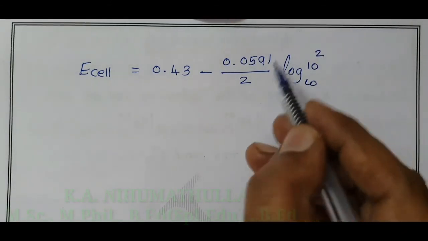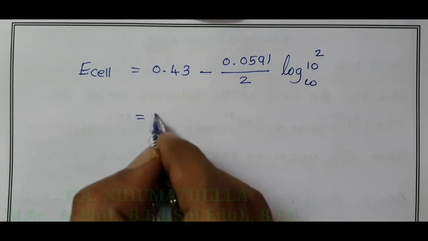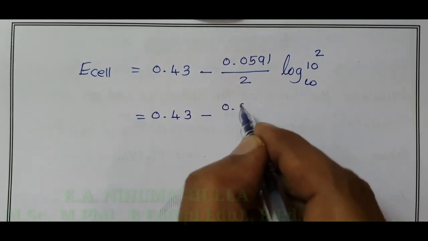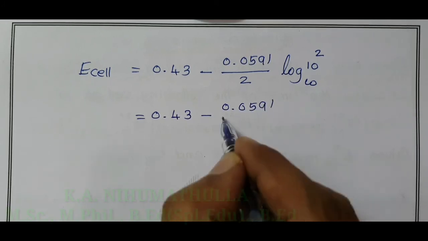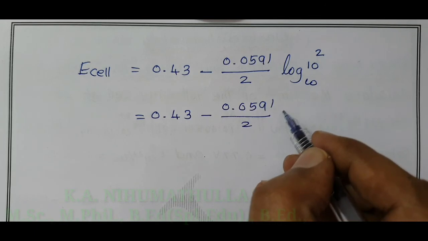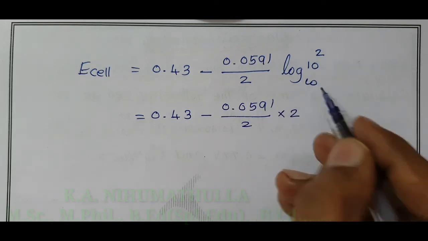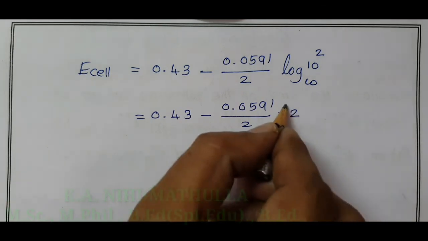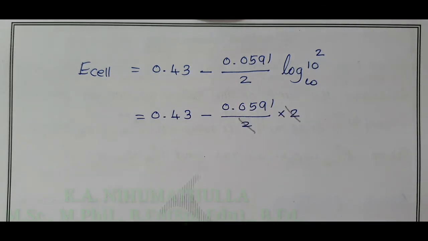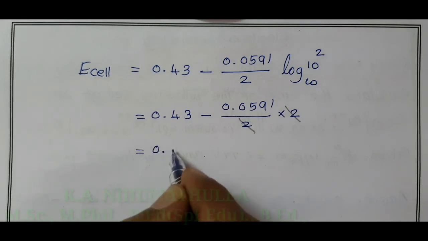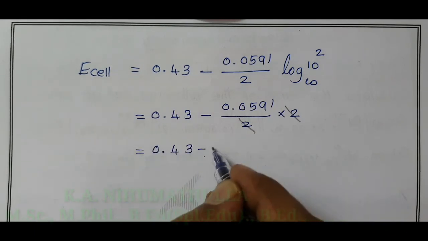Log b power a equals a log b, so 2 log 10 to the base 10 equals 2 times 1. So here the 2 gets cancelled.